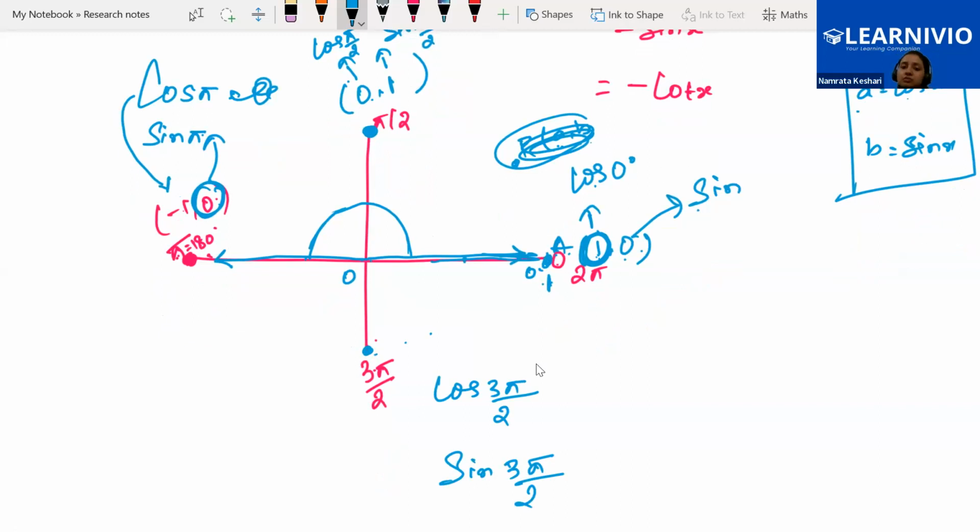So you think about it. What will be the coordinate over here? Ma'am, cos 3π/2 will be positive and sin 3π/2 will be negative.